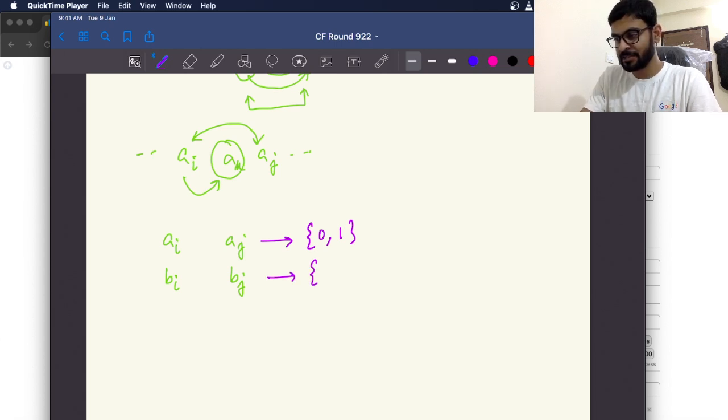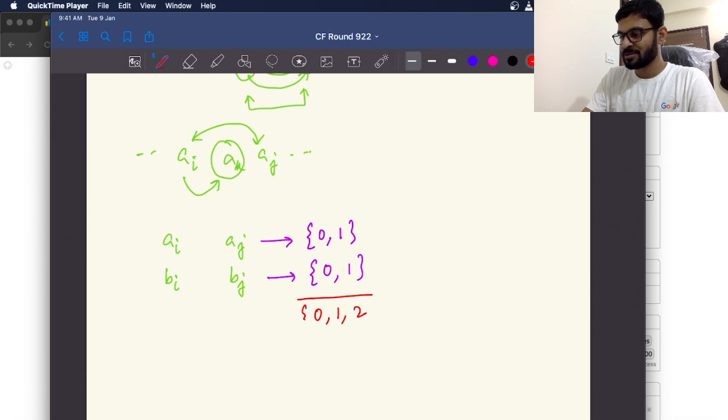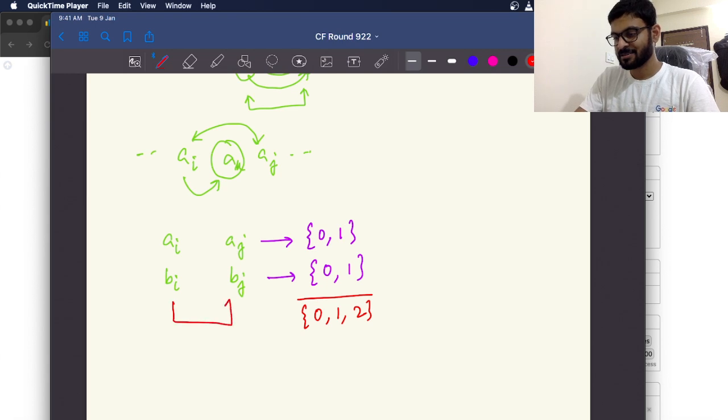So either my number of inversions will be 0 or 1 from each, which means that my total number of inversions from this particular pair will be either 0 or 1 or 2.